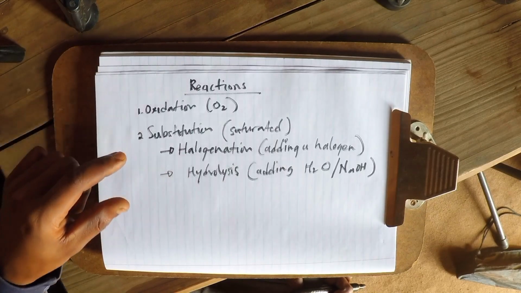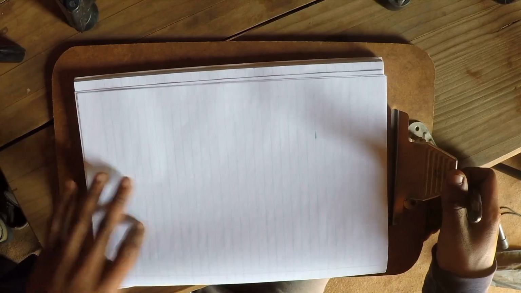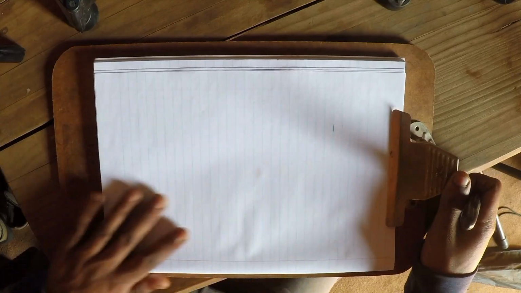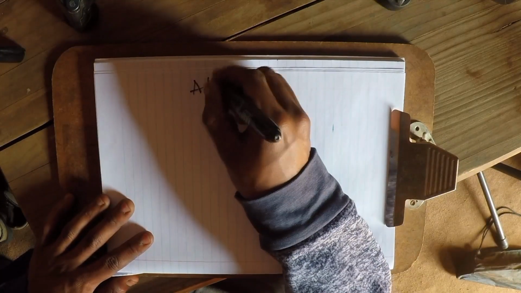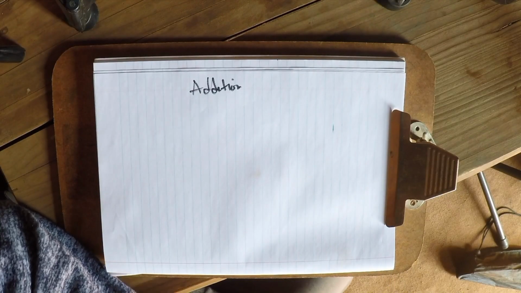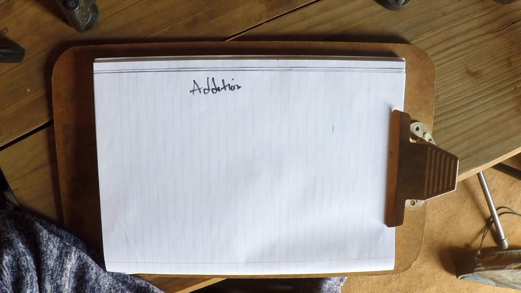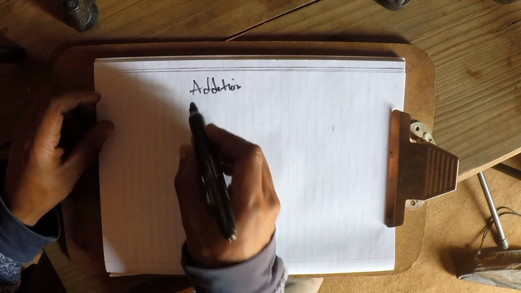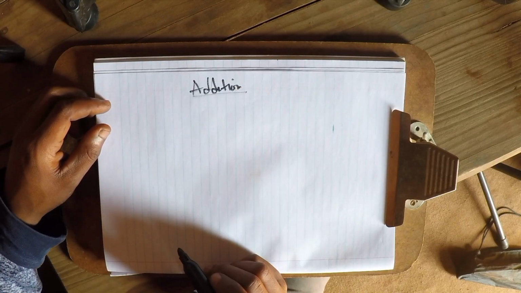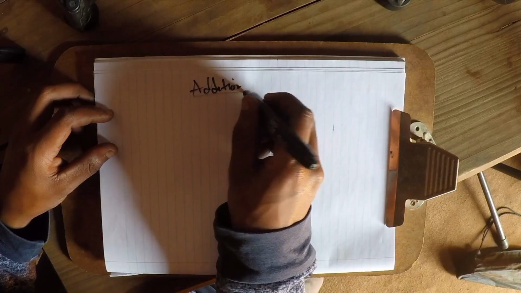But then as we do more examples, it will make more sense. Now I want us to go to addition. Let us look at addition reaction. Now when it comes to addition reactions, there is a simple transition from substitution, is that you are dealing with something that is unsaturated.